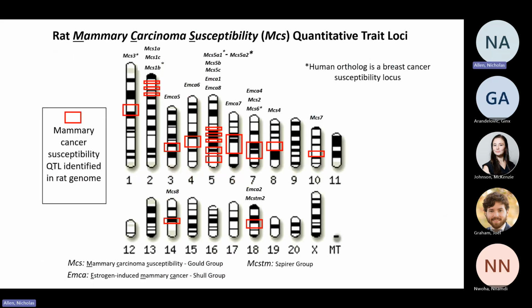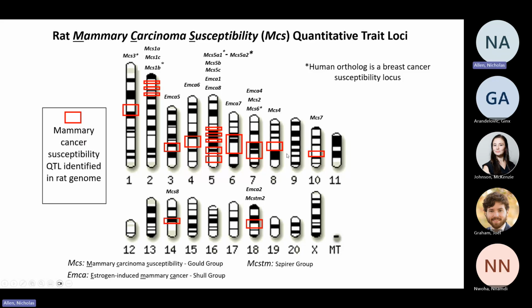And that obviously not as many rat genomes have been studied like human genomes, but enough of these have been studied that where I have these red boxes in the rat genome, these are locations that have been identified.